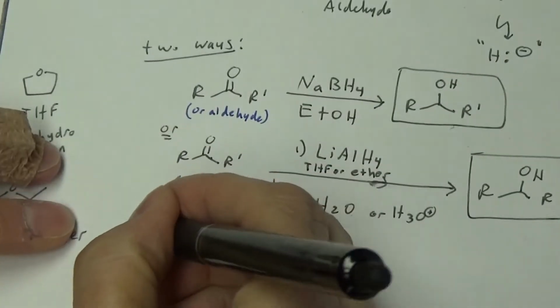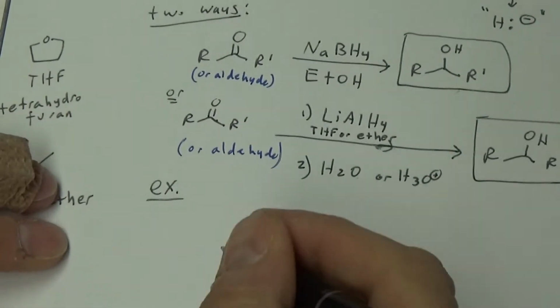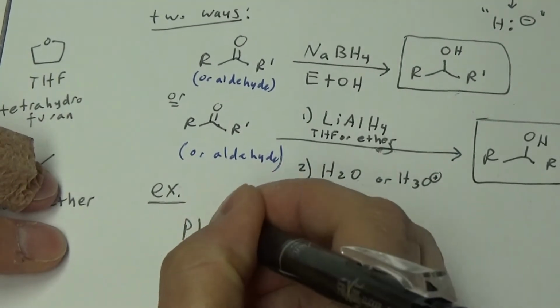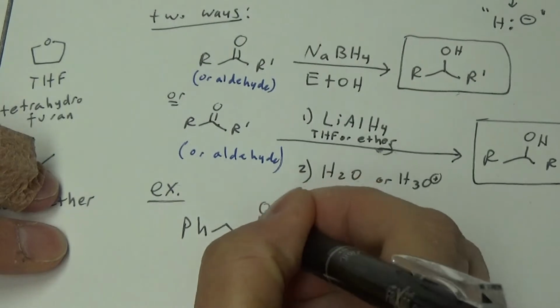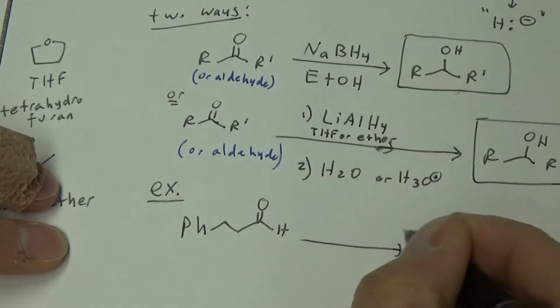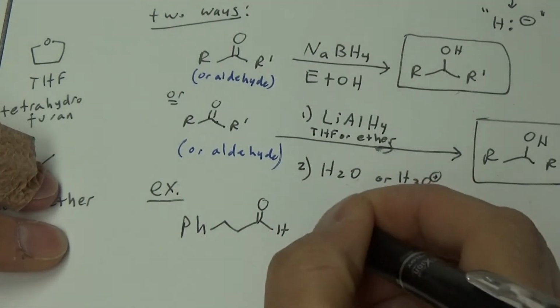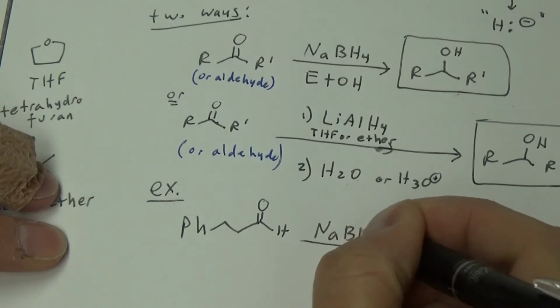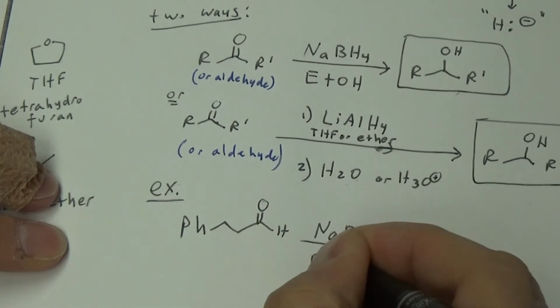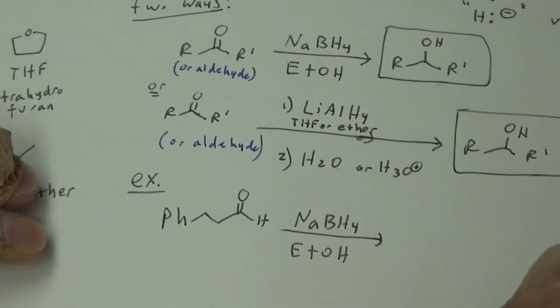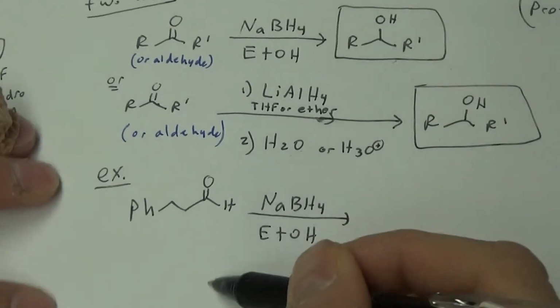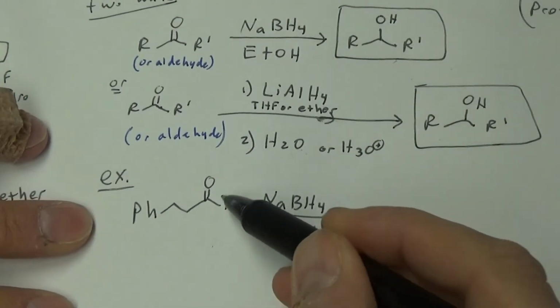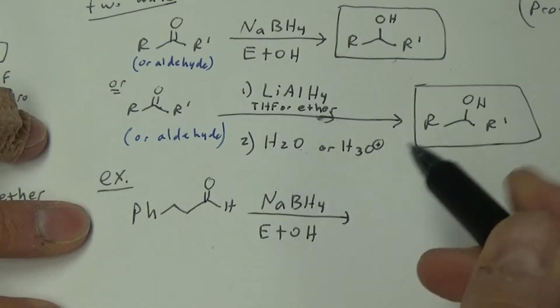Couple examples. We'll just draw some random aldehyde, and I will react it with NaBH4, ethanol. What do you get? It's a reduction, so it goes from the aldehyde to the primary alcohol.